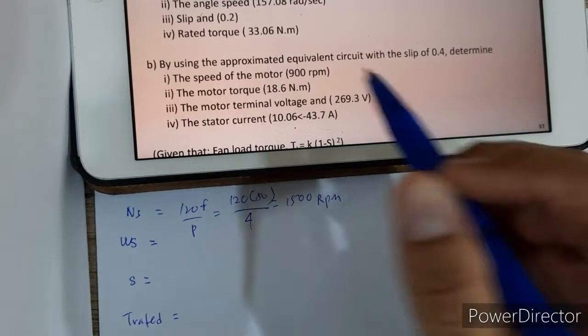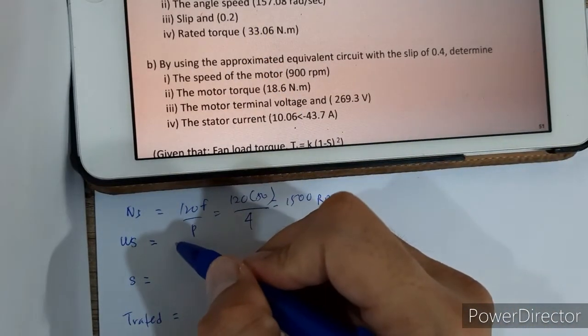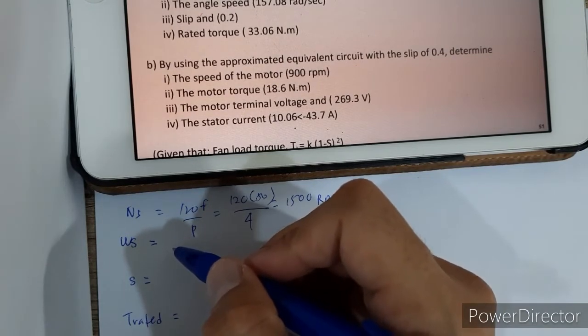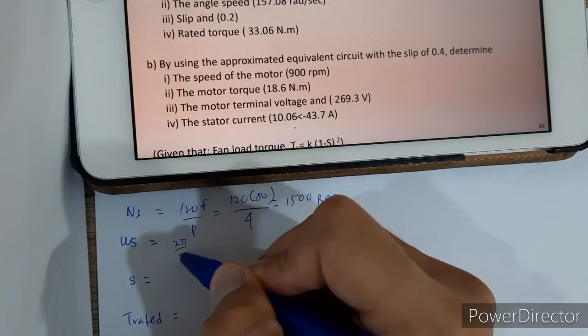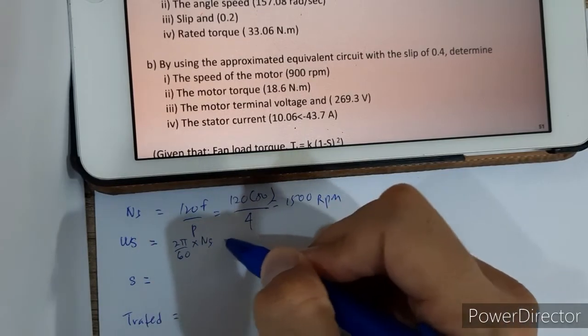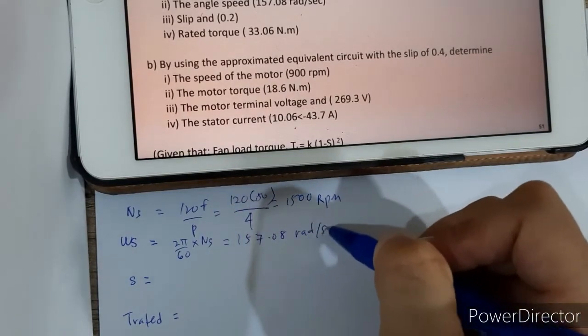And then for the angular speed omega s, we want to convert the synchronous speed from RPM to radian per second. So 2 pi over 60 multiplied by NS. We get 157.08 radian per second.